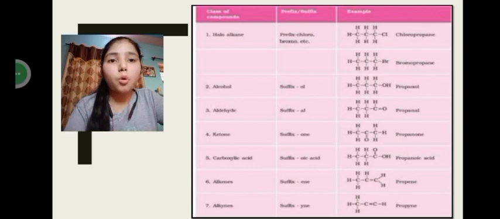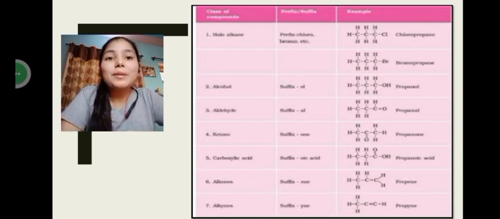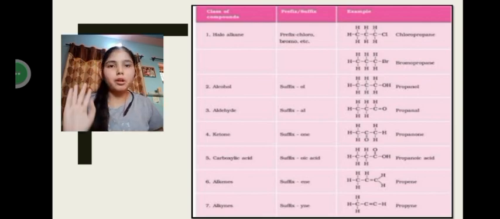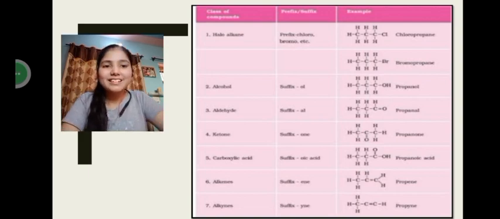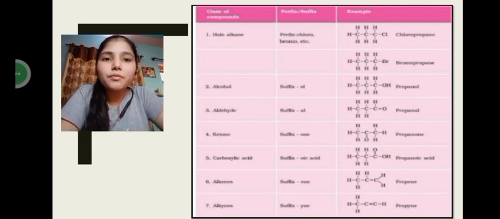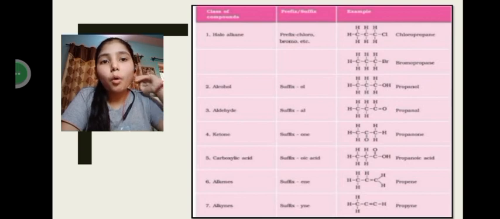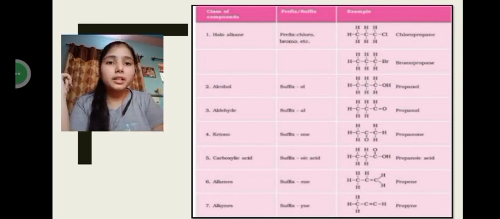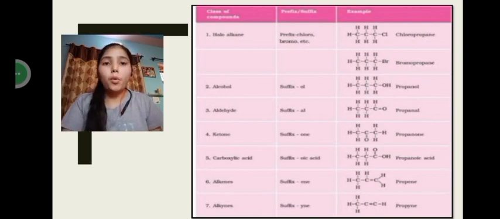Propanone, big word, but meaning easy. Ketone means the carbon attached to double bond oxygen is surrounded by two or more carbons. Simple as that. The suffix used here is one, and if the root word is propane, then the word is propanone.